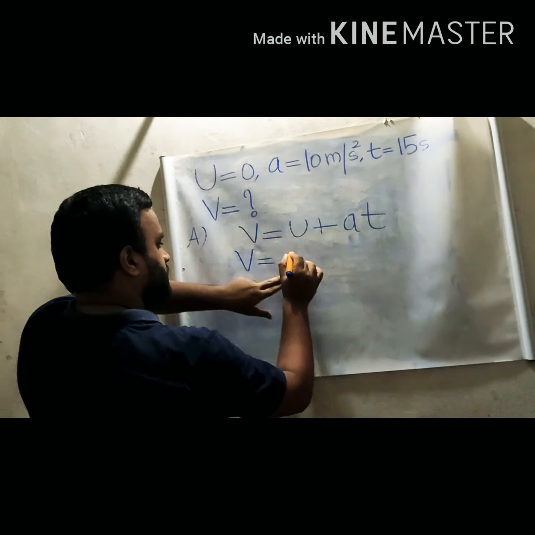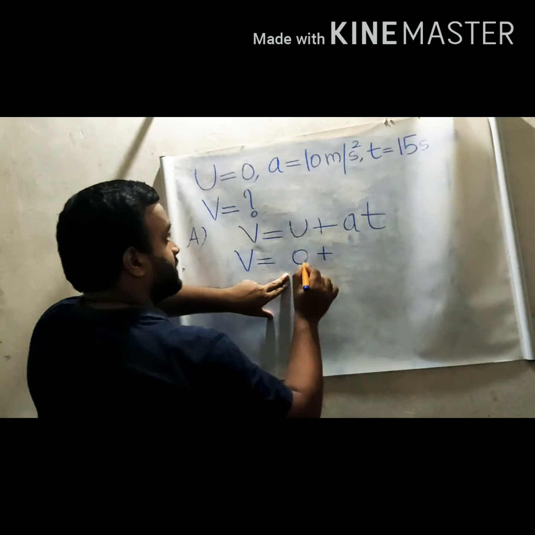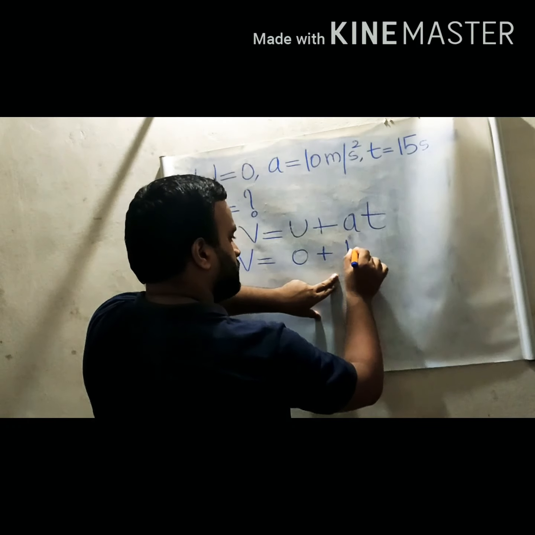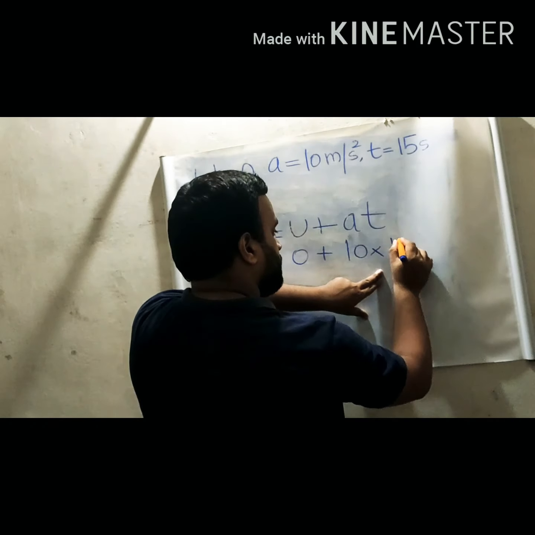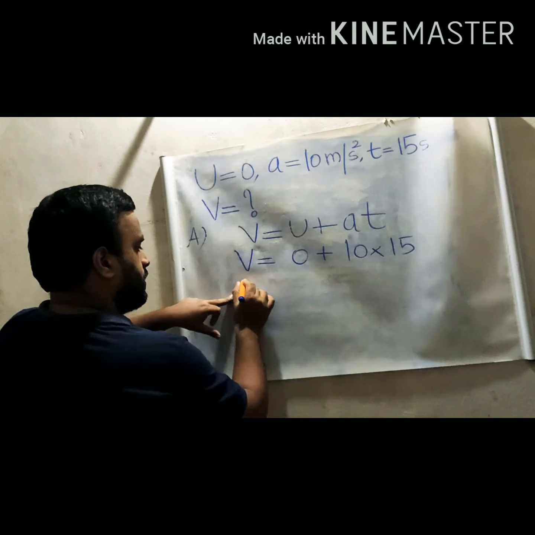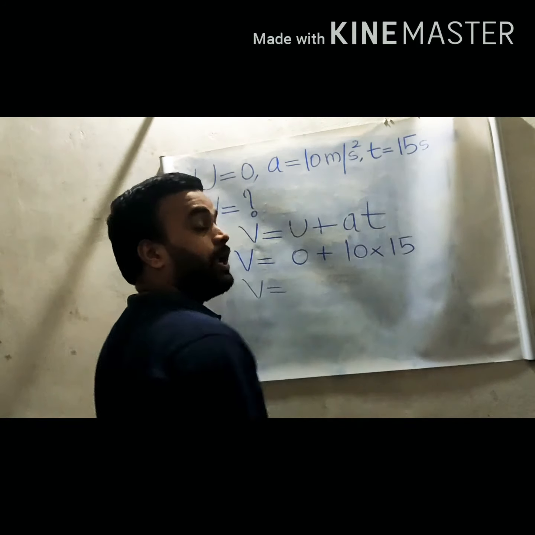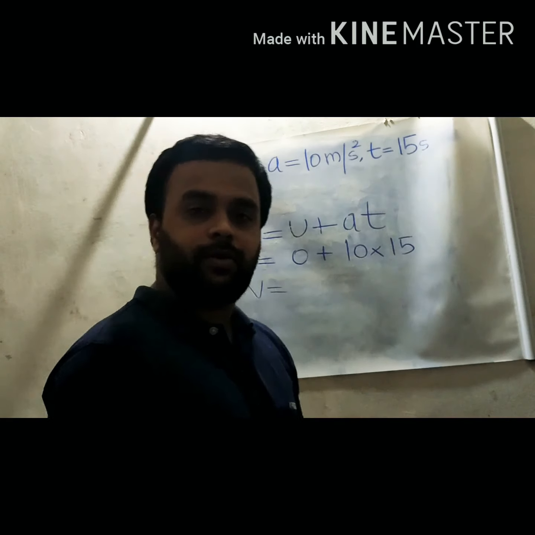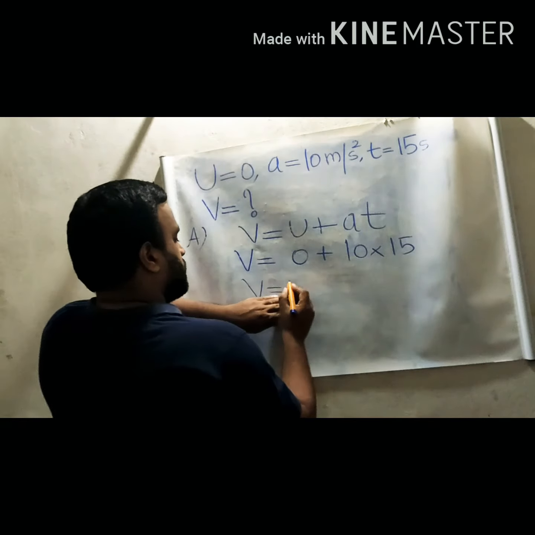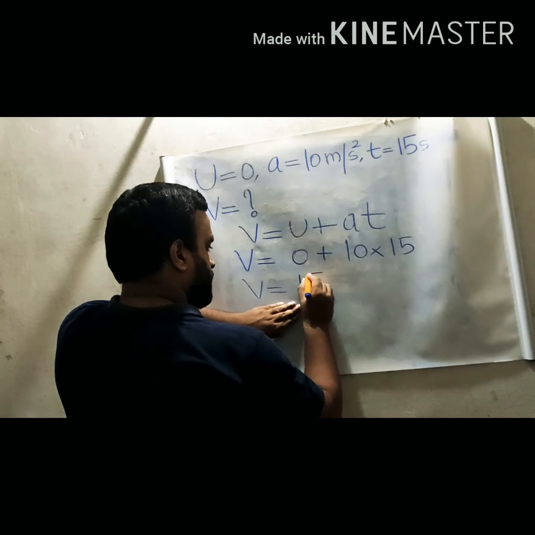u is given as 0, plus acceleration is 10 into time is 15. So 10 into 15 is 150. 150 plus 0 is 150 itself. So v is equal to 150.